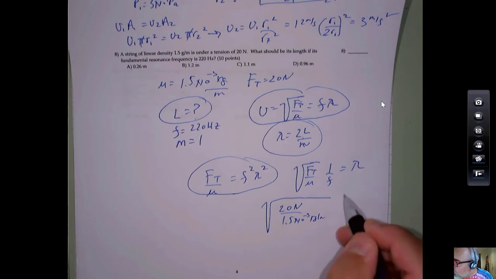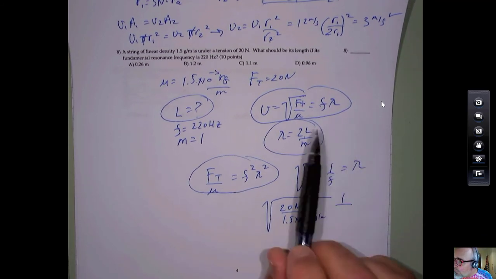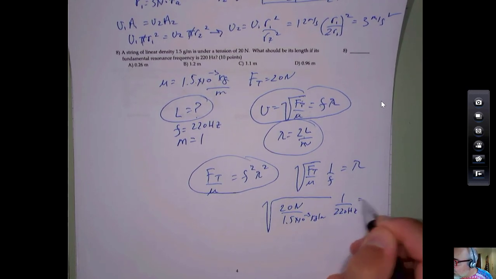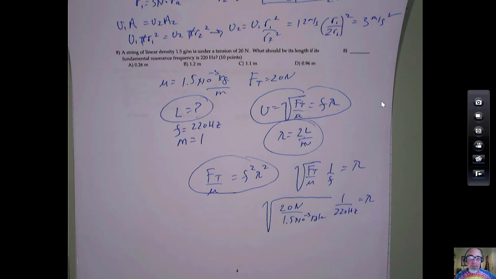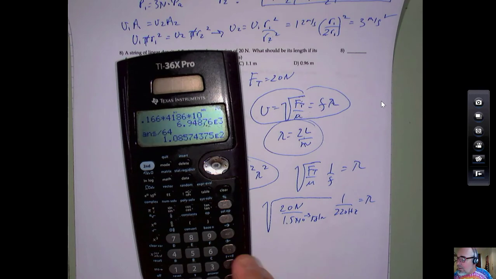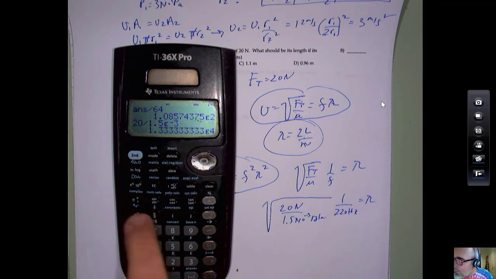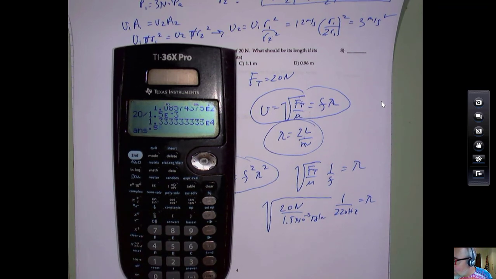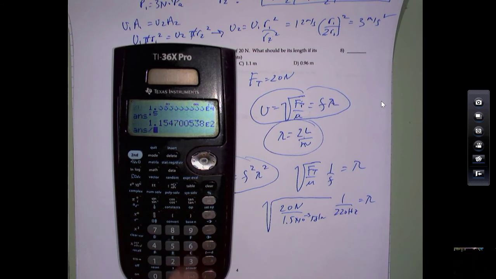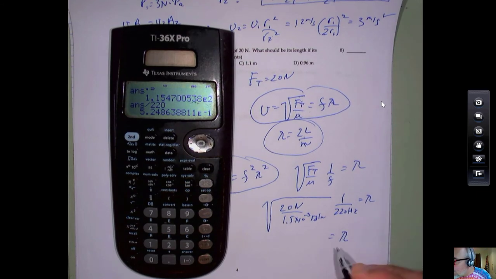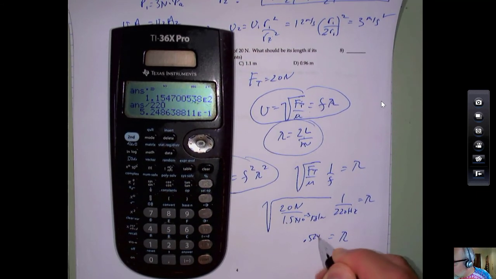And then 1 over the frequency, which was given as 220 hertz. That's equal to the wavelength. So I'll just do 20 divided by 1.5 EE minus 3, raised to the 1/2 power, which is the same thing as taking the square root of it. Divide by 220. So the wavelength turns out to be 0.524 meters.